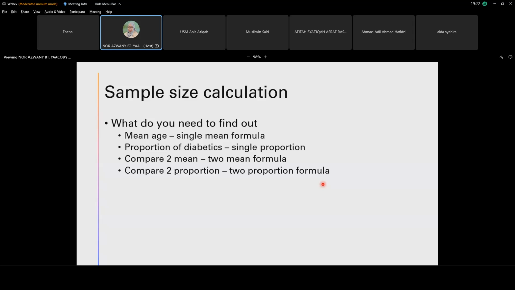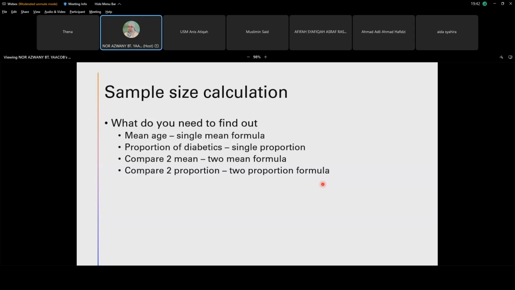If you use a very small sample size, for example just 15, then maybe you get a non-significant difference, but actually it is due to the very small sample size that you used. So that's why you need to calculate sample size.